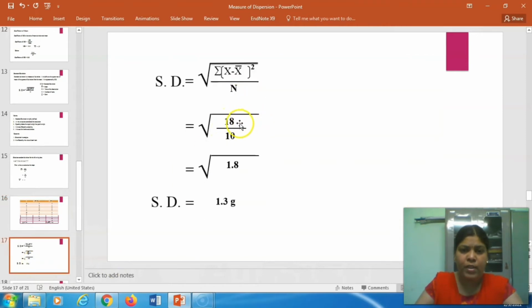So we put the value 18 and the total number of items, 10. Then we will get the value 1.8 here. So SD is equal to 1.3. We calculate the square root of 1.8, and after calculating the square root of 1.8 we will get the value 1.3.